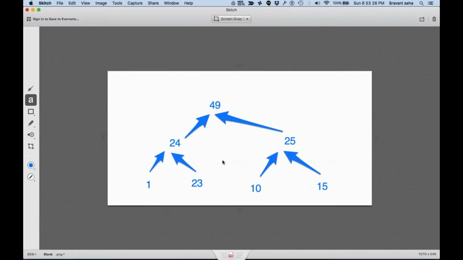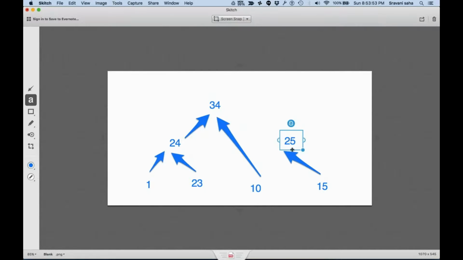So the quality of summation is that no matter in what order you apply the function called summation, the result will always be the same. Let's say instead of doing it this way, we first sum up these two, and the answer is 34.